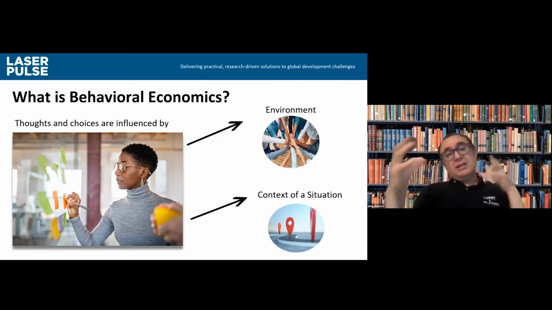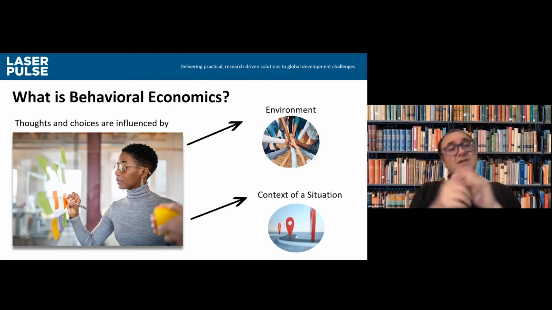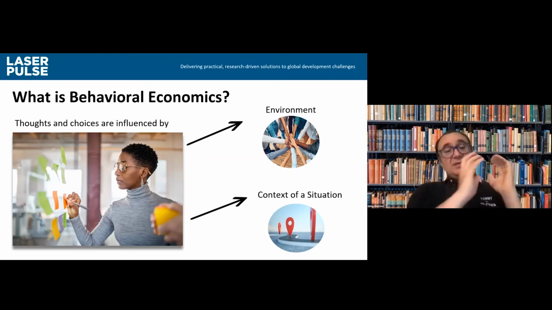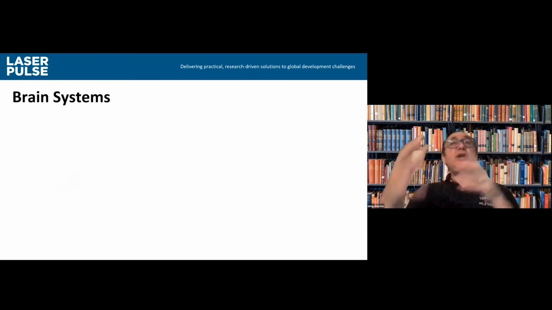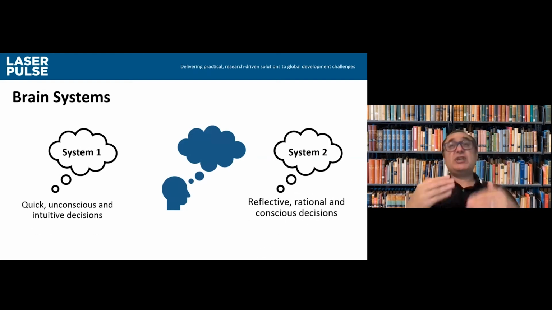In general, just for making things easy, you can split the brain's decision-making process, or operating system, into two systems, one called system 1 and one called system 2. We use a combination of these 24 hours a day in making decisions and changing our behavior.